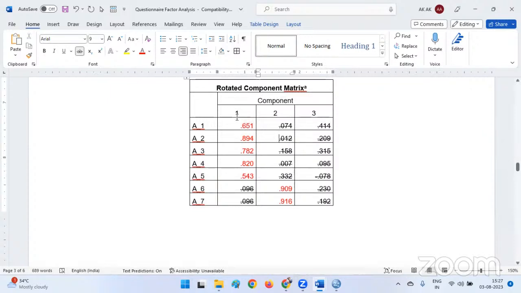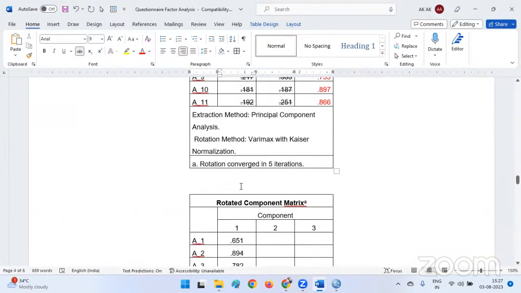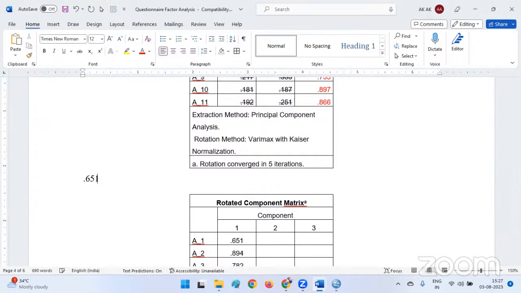Can you see this 1 and A1 and 0.651? What I want to say is that 0.651 is the correlation between factor 1 and statement 1.